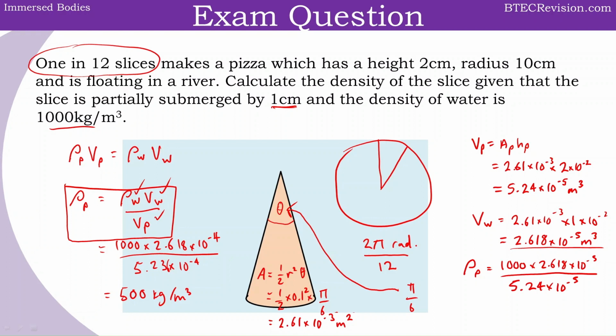And calculating this would give us a value of 500 kilograms per meter cubed. So it's dense pizza.